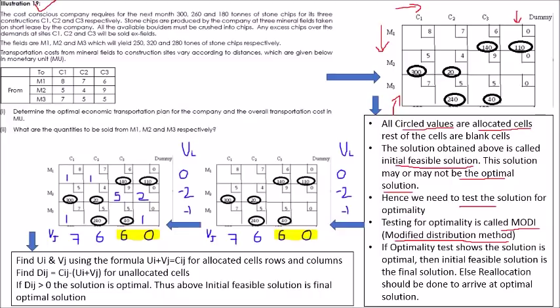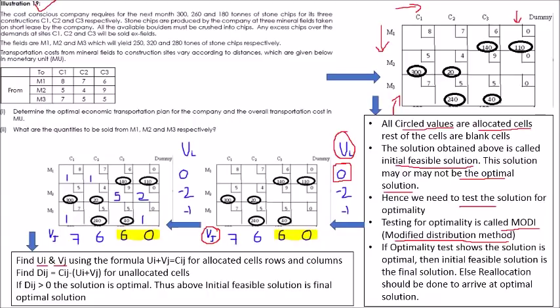So now we are going to find ui and vj. Okay, so ui is taken on the column side and vj is taken on the row side. I am going to assume my first u as 0. You can assume the first u value as 0, or you can assume whichever row has more allocations.